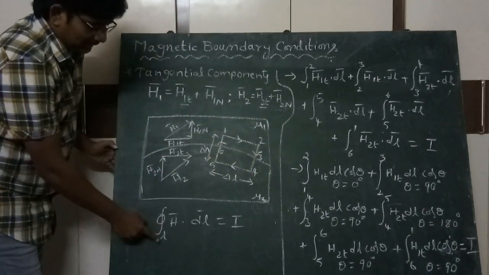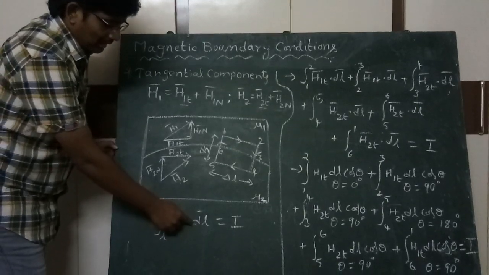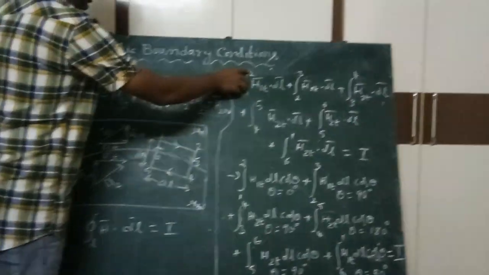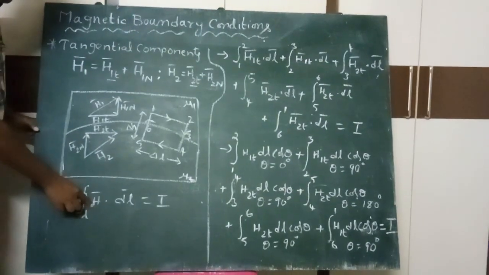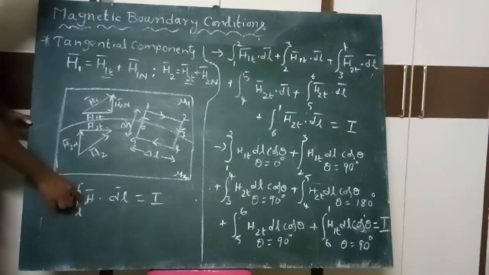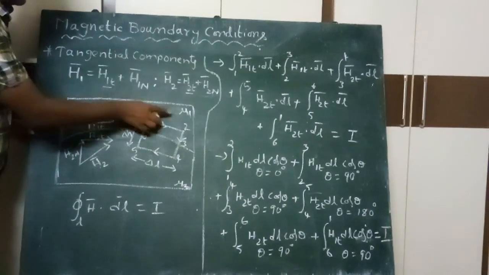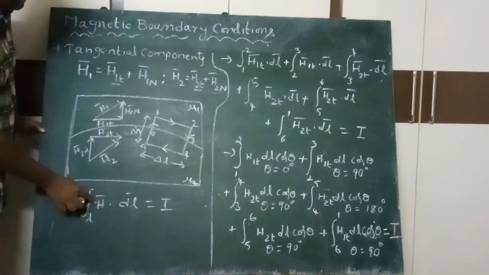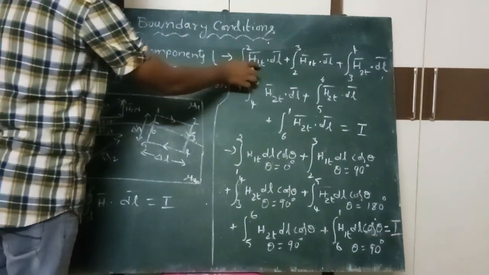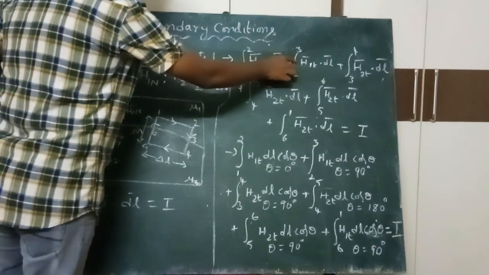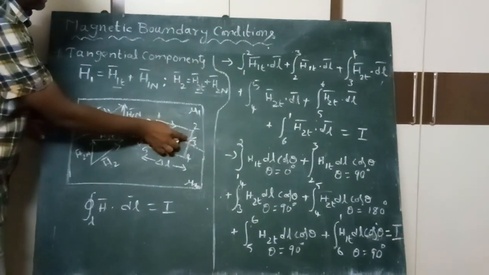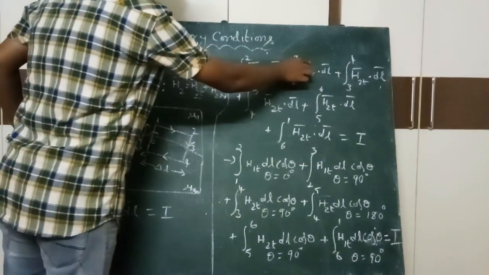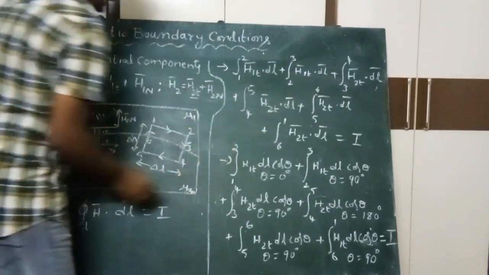Now, this line integral of H bar dot dl bar is divided into 6 paths. First, the line integral from 1 to 2 of H bar. Here we are determining the tangential components, and 1 to 2 is in the first magnetic material, so we substitute H1T bar in place of H bar: integral 1 to 2 H1T bar dot dl bar, plus integral 2 to 3. Path 2 to 3 is also in the first magnetic material, so we substitute H1T bar dot dl bar, plus integral 3 to 4.